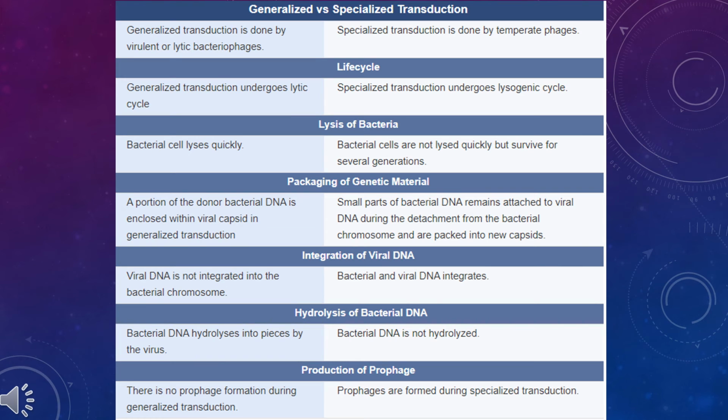This table shows the differences between generalized and specialized transduction. First, we know that generalized is carried out by virulent bacteriophages, while specialized is done by temperate phages. And in their life cycle, because of virulent bacteriophages, generalized transduction undergoes the lytic cycle, and specialized undergoes the lysogenic cycle.